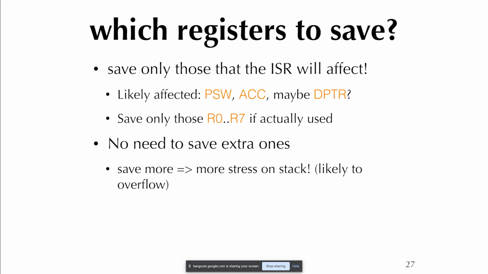But in general, that's kind of what you have to assume. You can't assume your compiler to be that smart compared to when you craft the code. So if you craft the code by hand, then you can decide which ones actually get affected and which ones don't need to be saved and restored. Okay.